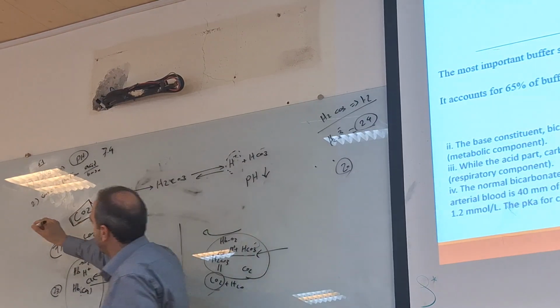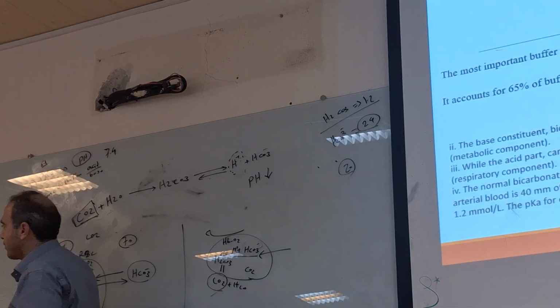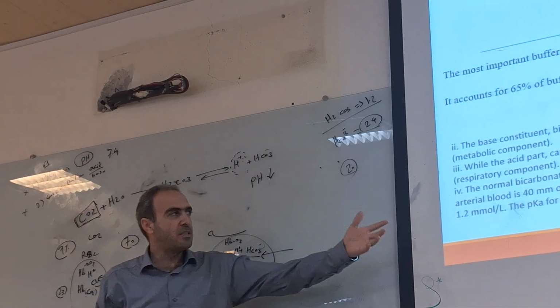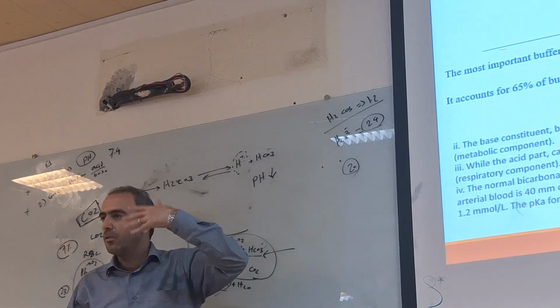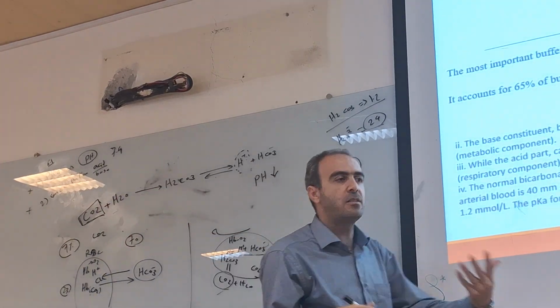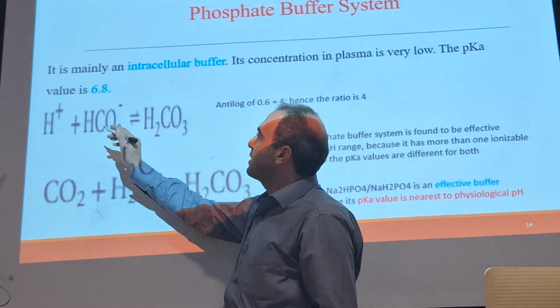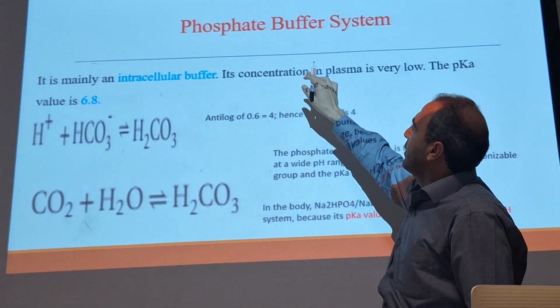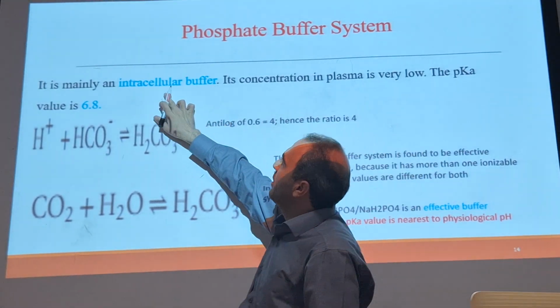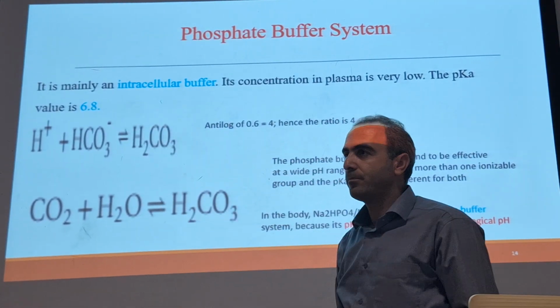Also, this is not good. But because it's an open system, and by the kidney and lung we can handle and manage it, it is very, very important. The second buffer system is the phosphate buffer system, which is the main buffer in intracellular.